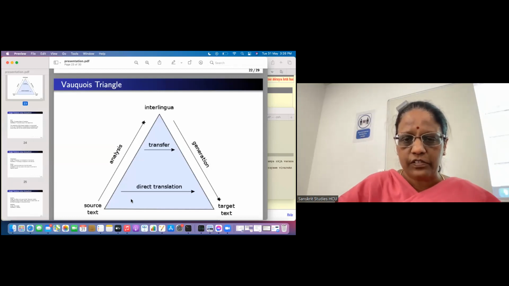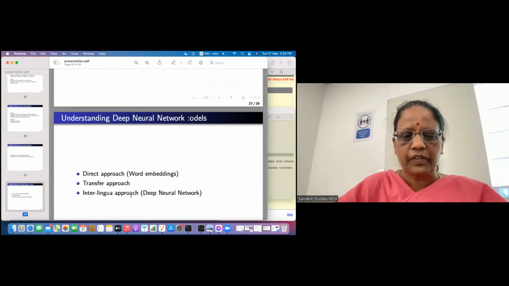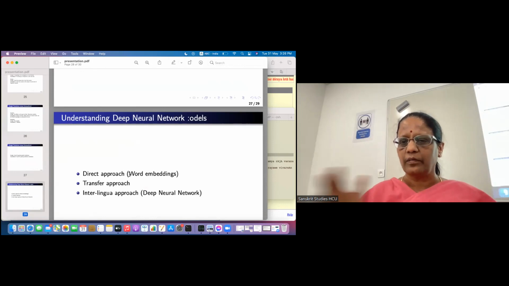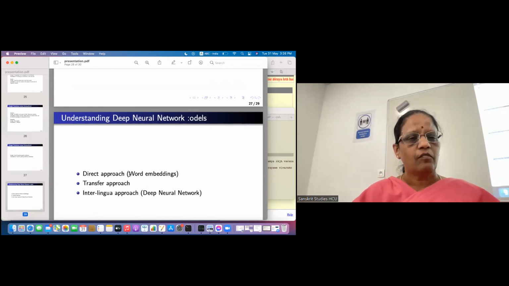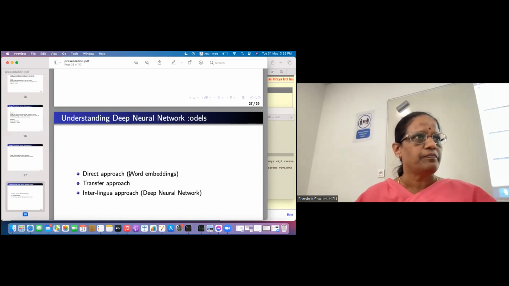And this was done earlier, in the early stages, in the direct approach. What they call the word embedding: it's not just that a translation system was developed, but from this parallel corpus, they try to model the words of English as well as the words of French.